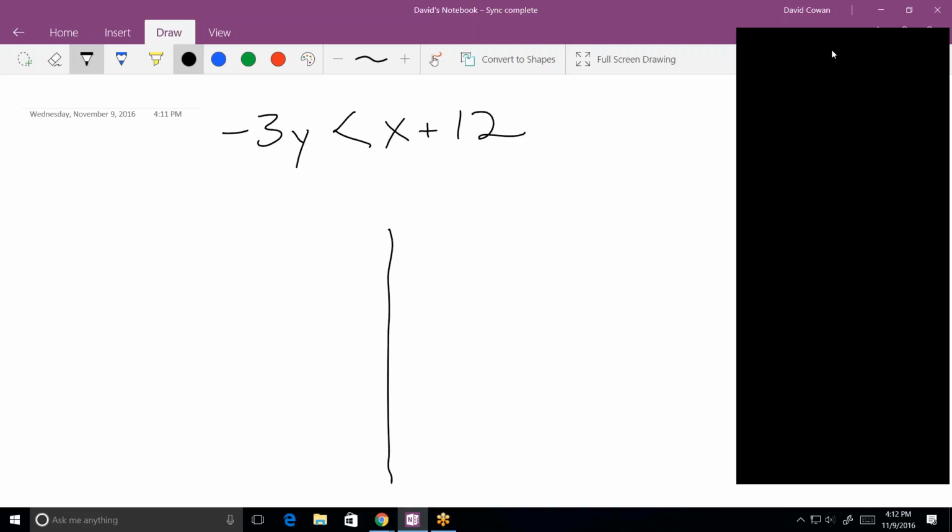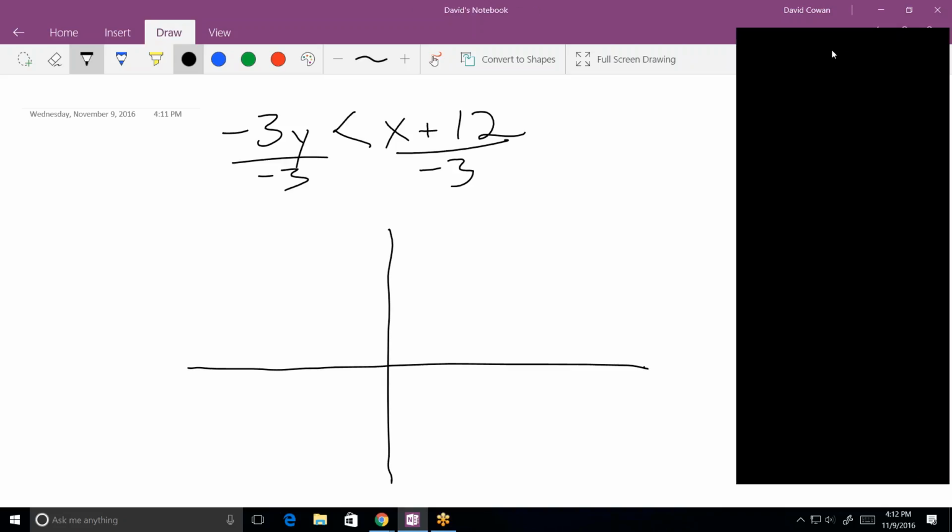Well, to graph a straight line, the best way to do it is to get it into y equals mx plus b format. What do I have to do to get it into that? You're going to have to divide by negative 3. Correct. So I'm going to divide both sides by minus 3. And when I do that, what do I do with the inequality sign?